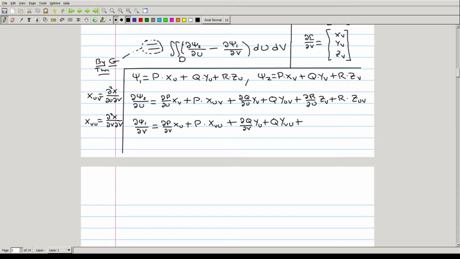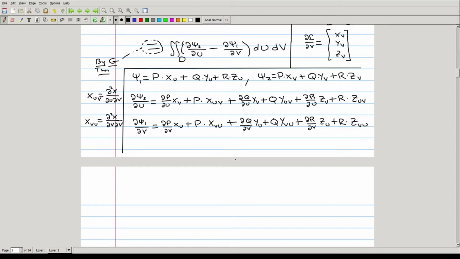Then lastly, the v partial derivative of this, which will be dr dv times zu plus r times zvu.